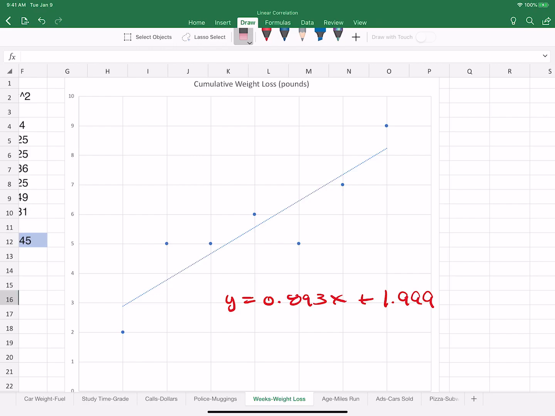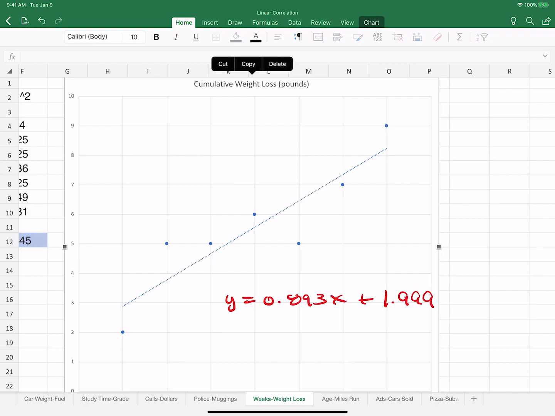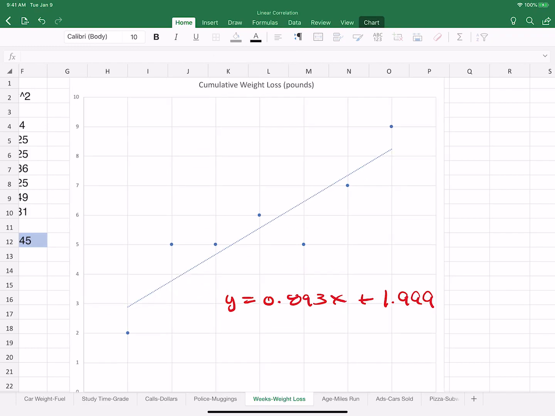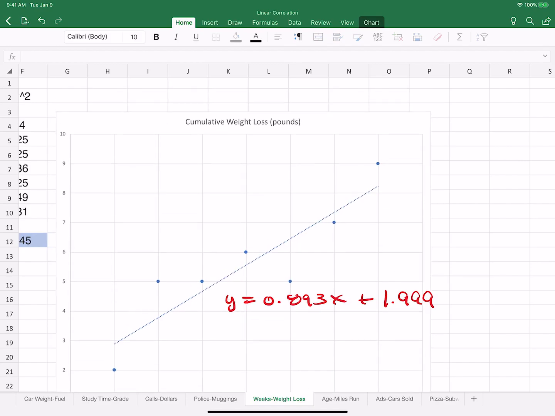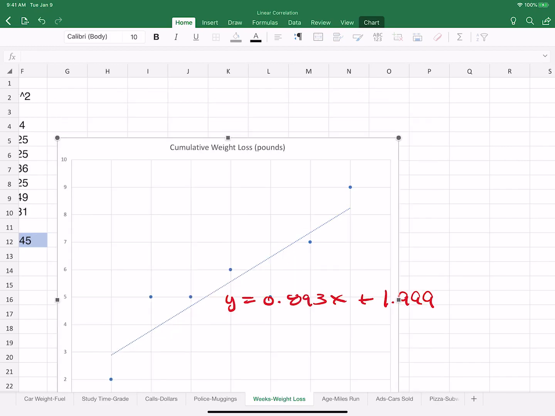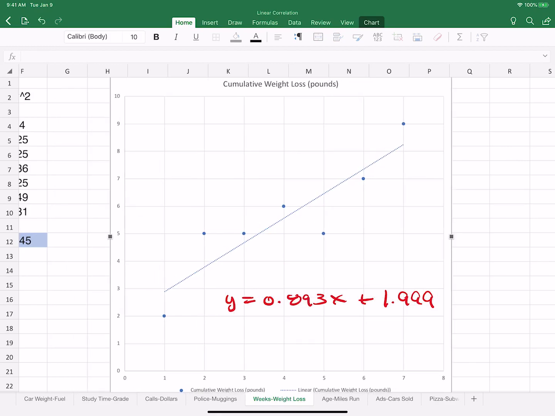And notice that it looks like our Y-intercept would go through about 2. So we can now predict. So we can get an X value, and it'll give us a corresponding Y value. And maybe we should make this a little bit smaller, if we can. Anyway, it's a little bit smaller here.